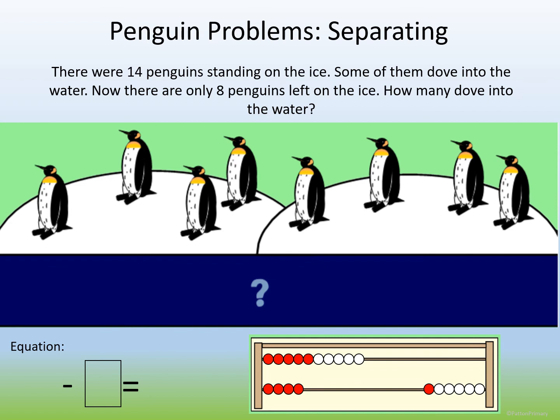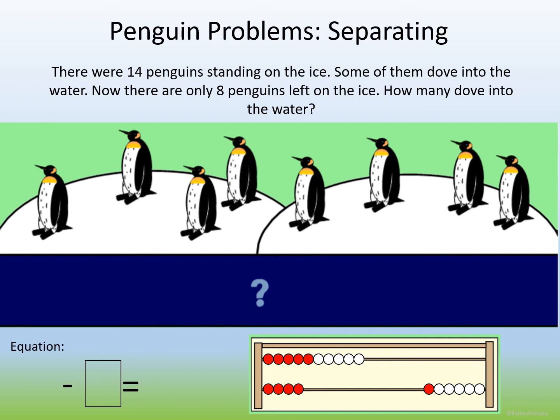Well, we know that there were 14 to begin with, so on the abacus, I put 14 to the left. We are going to remove 1 abacus bead at a time to represent the penguins that dove into the water until we get to 8 abacus beads left.